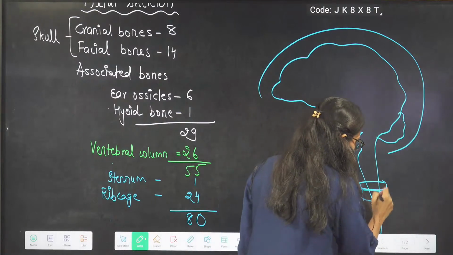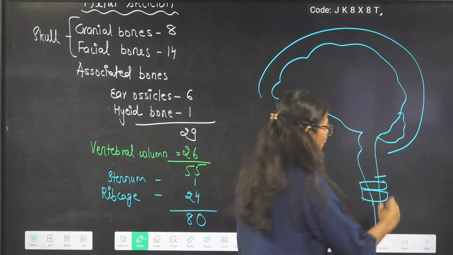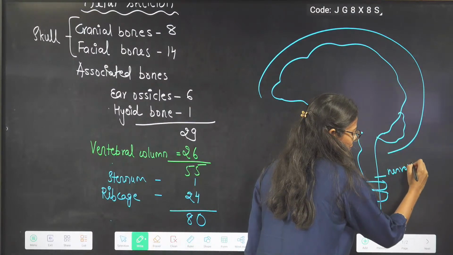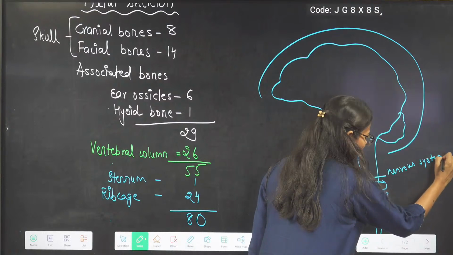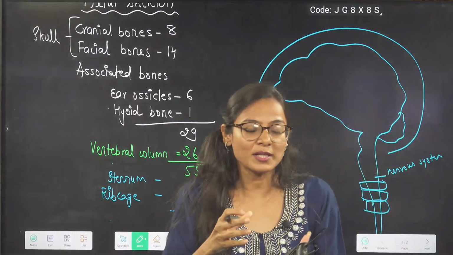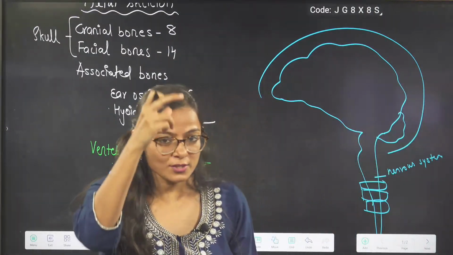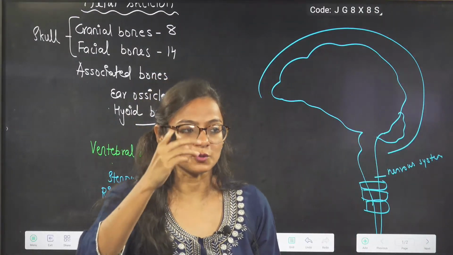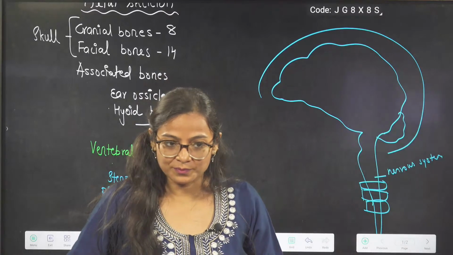So this spinal cord is a part of your nervous system, right? And all these vertebrae are small bones. The vertebral column is not a single bone.